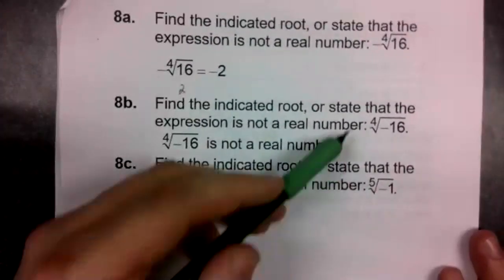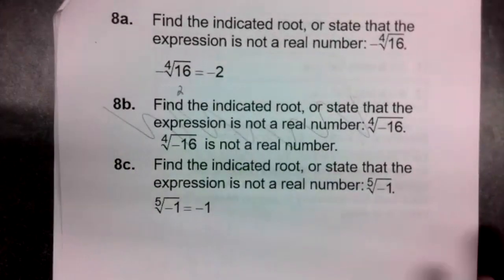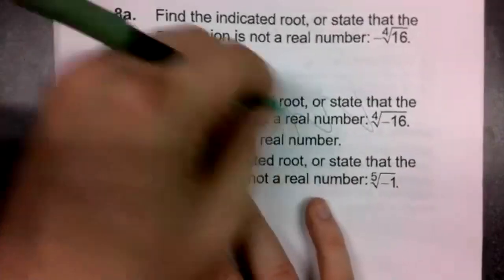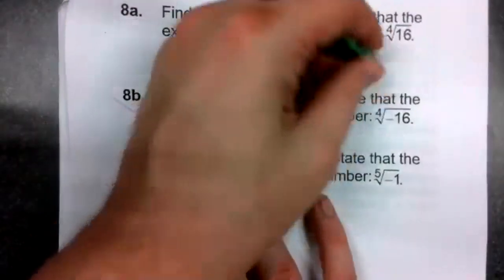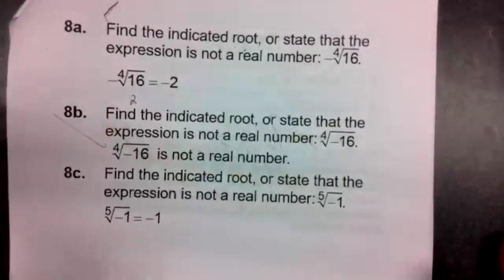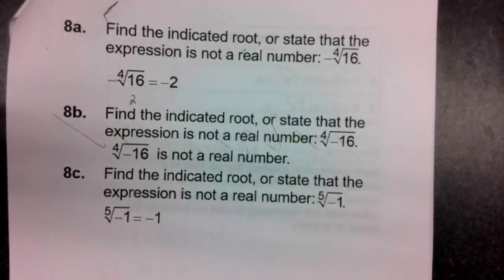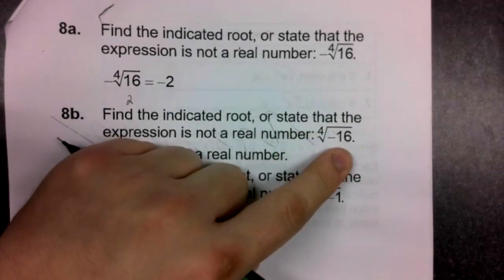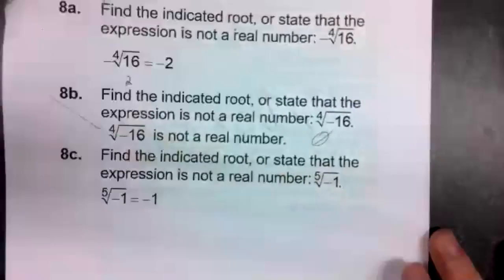Okay. I'll cross out this. It copied twice for some reason. Or I'm sorry, no it didn't. Sorry. All right, so we'll look at this next one. And I want to know the fourth root of a negative 16. Well, remember on the last page, whenever I have an even root of a negative number, I have no solution. Okay?